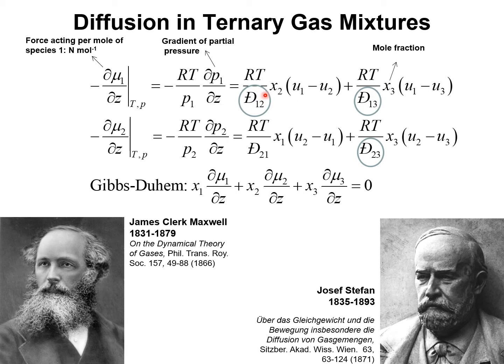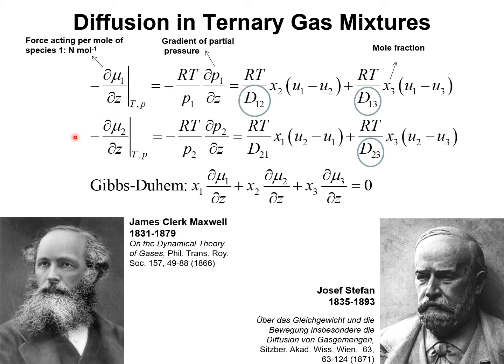And therefore the diffusivities have the physical significance of the inverse drag coefficients. R is the gas constant and T is the temperature. By introducing RT here, we ensure that the units of D12, D13, and D23 are square meters per second.